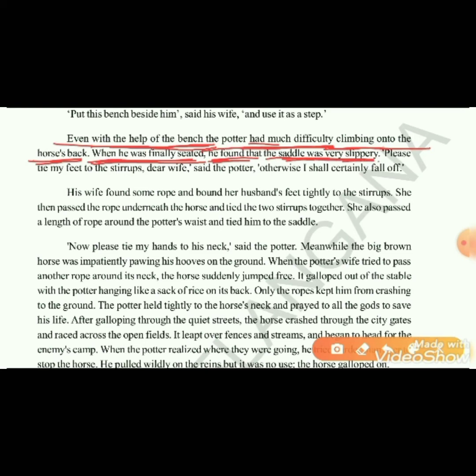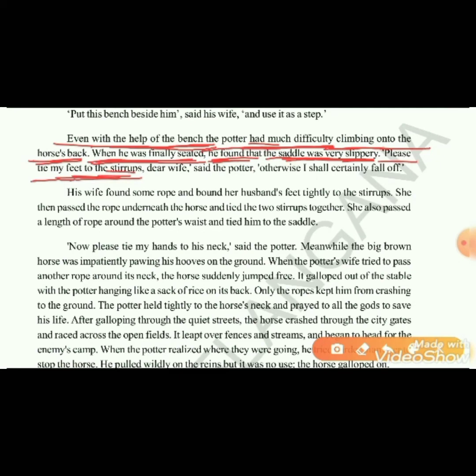Stirrups means the kind of ropes that are there around the body of the horse. If the stirrups are not tied, what will happen? The potter would fall. Surely the potter would fall.